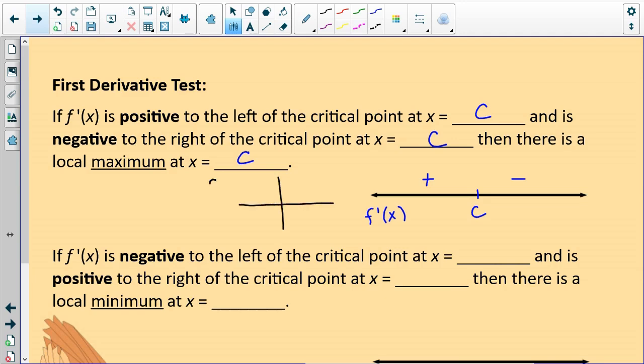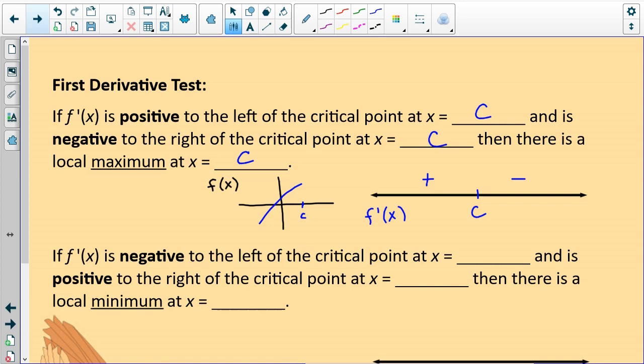So if I have the graph of f(x), if f' is positive, that means that the slopes of my tangent lines are positive, which means my function is increasing. And then at some point c, it ceases to have an increasing function.